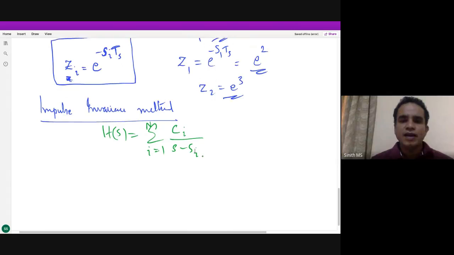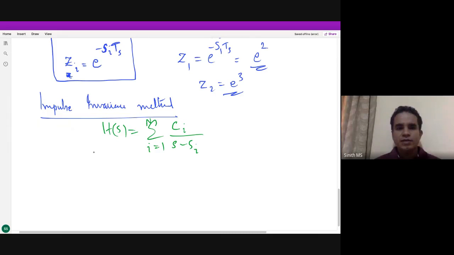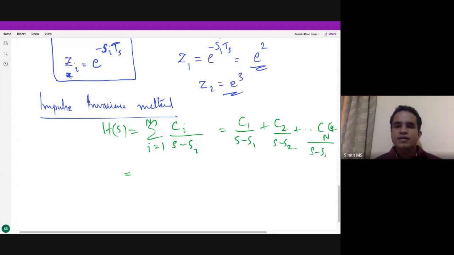If this was your transfer function H(s), well, this is basically C1 by s minus s1 plus C2 by s minus s2 plus etc. up to Cn by s minus sn, where C1, C2, etc. are constants. So how will you proceed?